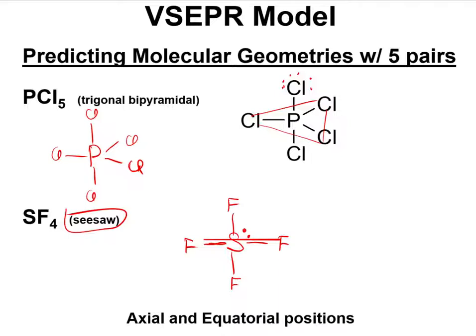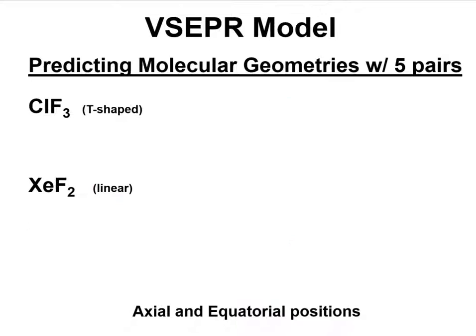Removing one more lone pair, by the same logic, now if we go to ClF3, if you draw it, Cl, we have 3 fluorines and 2 lone pairs.